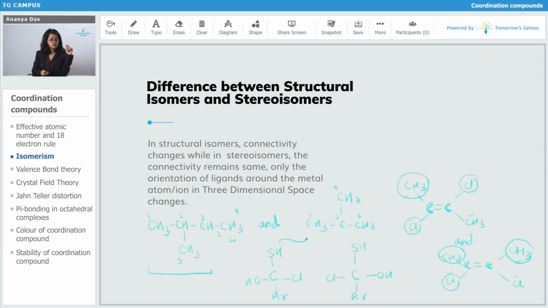Now these both exhibit stereoisomerism. You can see that the connectivity is the same. Carbon is still connected to SH, OH, Br and chlorine in both of these. What is changing is the orientation of the OH and the Cl. Okay. So these both are stereoisomers. These both are also stereoisomers. The first two examples I gave you are structural isomers.